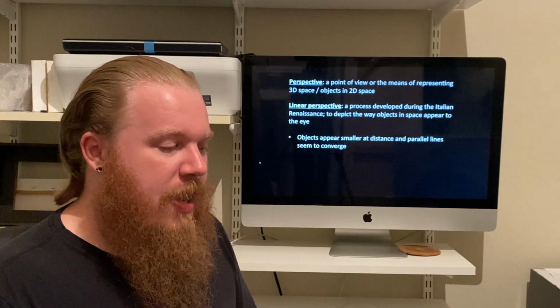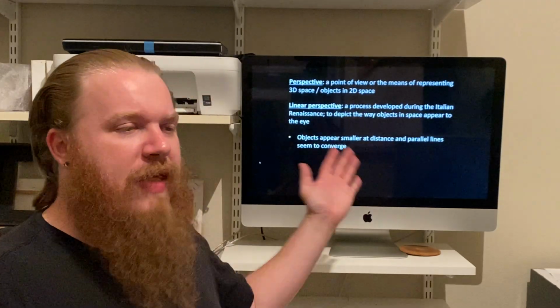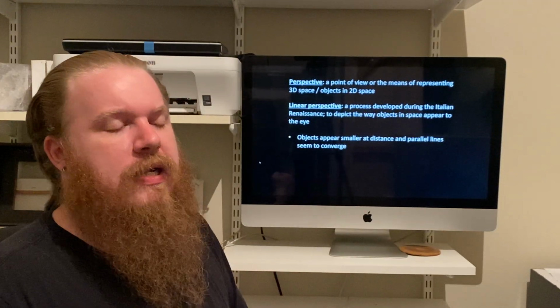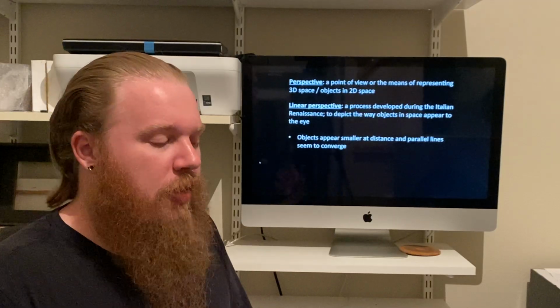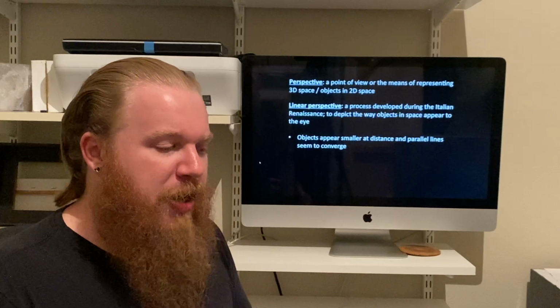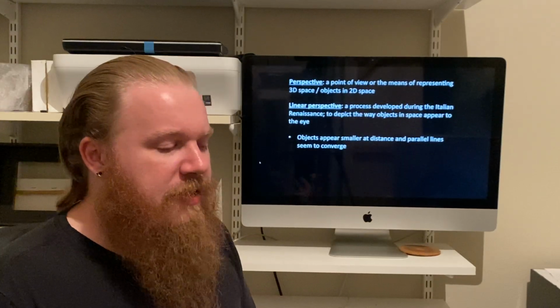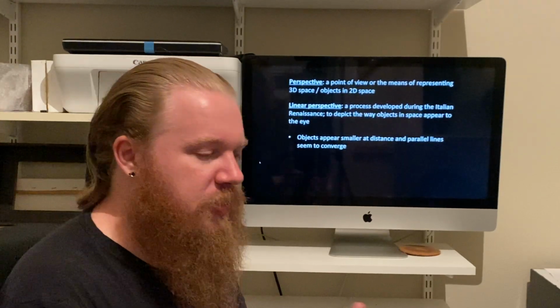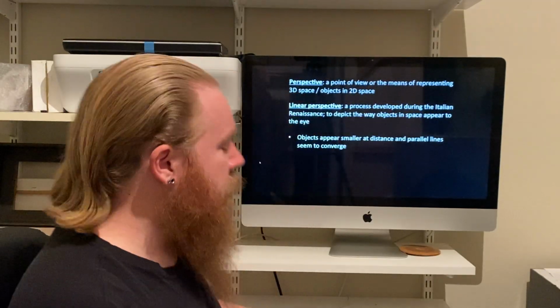So this would be a way of recreating that colonnade picture that we saw a minute ago within a two-dimensional picture plane. So objects appear smaller at distance and parallel lines seem to converge. This is the major principle upon which linear perspective works.